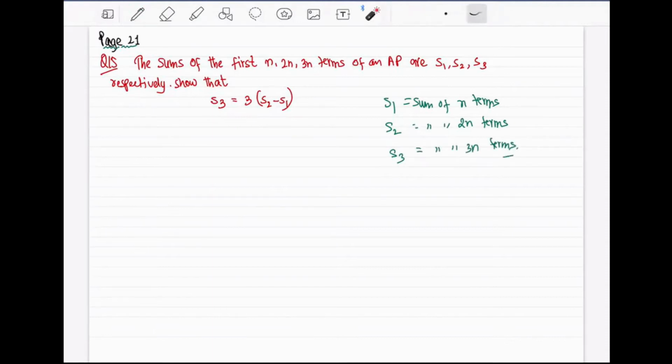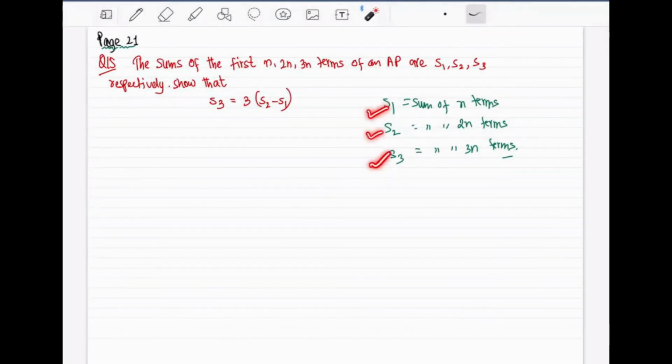So, we can write the expression for S1, S2, S3 separately just by using n by 2, 2a plus (n minus 1)d. Since these three sums represent a sum for the same arithmetic progression, the only difference is that the number of terms in these three are different, right?